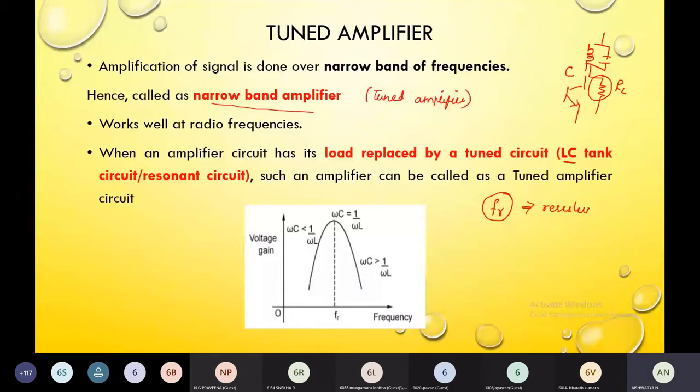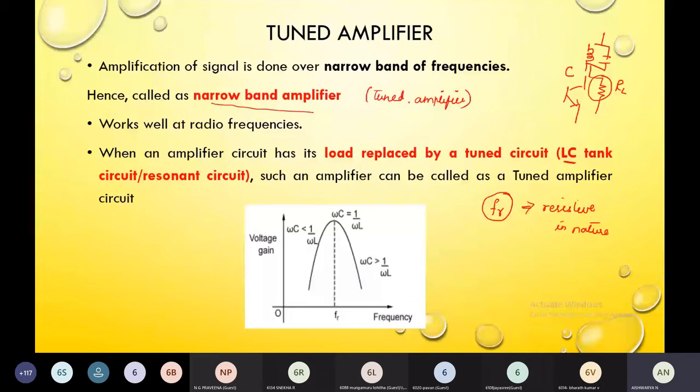So your load can be replaced by the tuned circuit. In the load, usually you will connect your RL, correct? Since the circuit is going to work purely at the resonant frequency, which is resistive in nature, your load can be replaced by an LC tank circuit, and that amplifier is called a tuned amplifier. And this is the graph for a tuned amplifier.